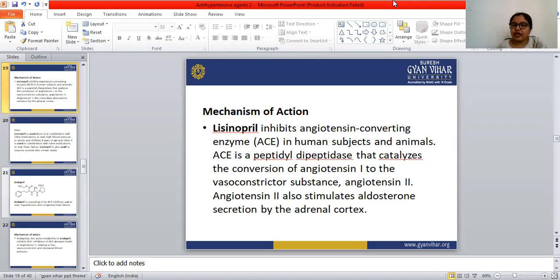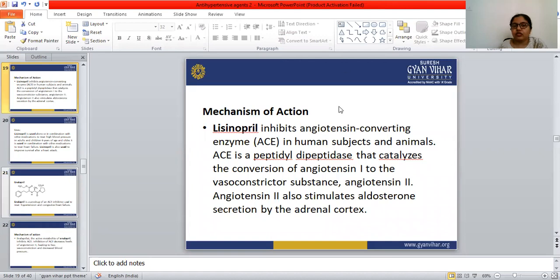ACE is a peptidyl dipeptidase that catalyzes the conversion of angiotensin 1 to the vasoconstrictor substance angiotensin 2. And angiotensin 2 also stimulates aldosterone secretion by the adrenal cortex.